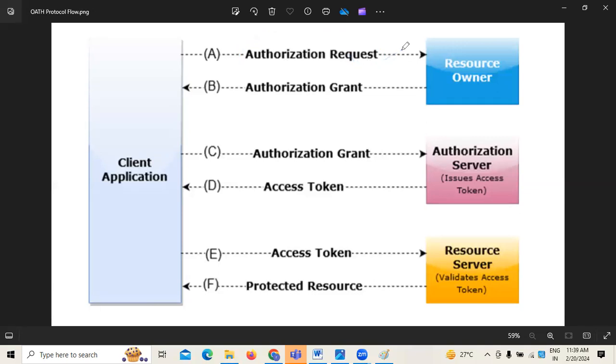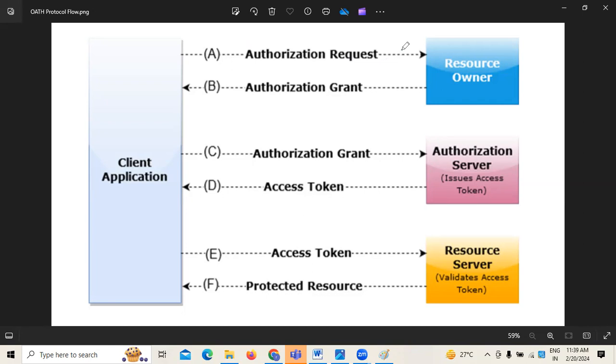So it's always important that this authorization request is presented through the resource owner, and that the resource owner credentials are updated.